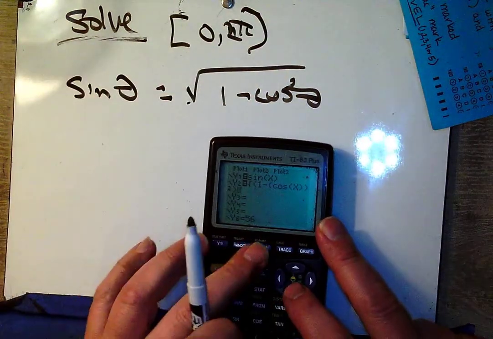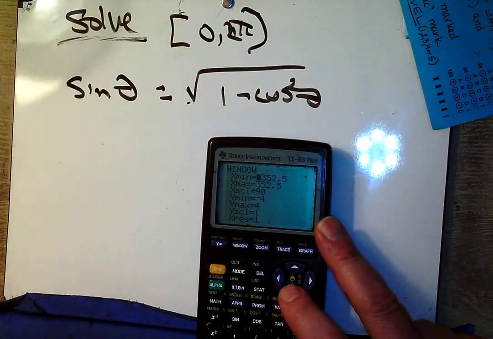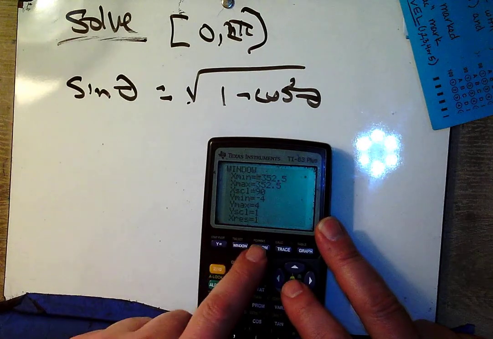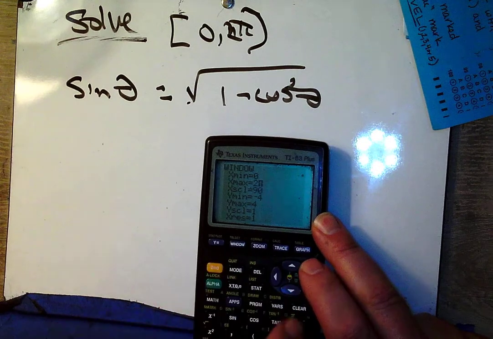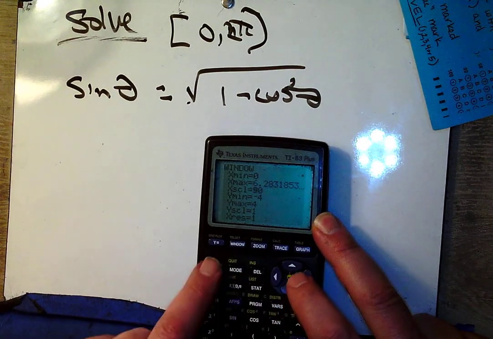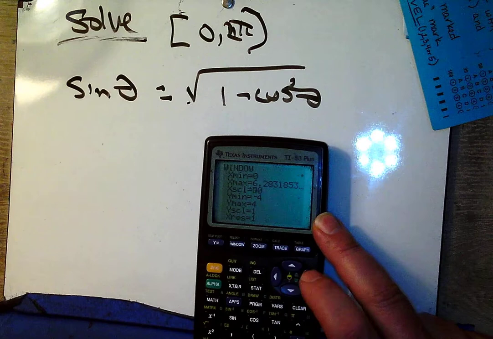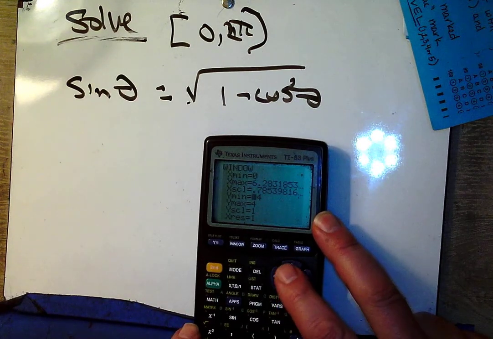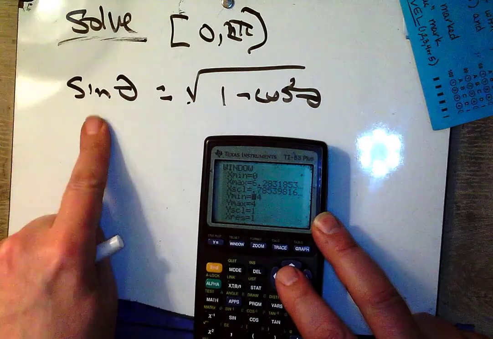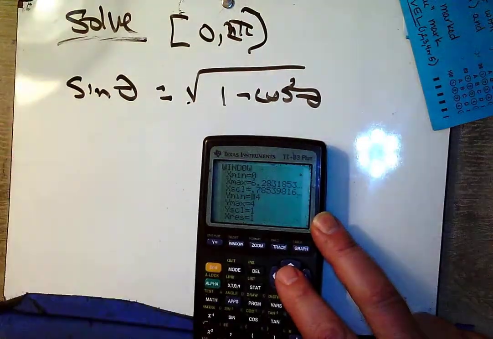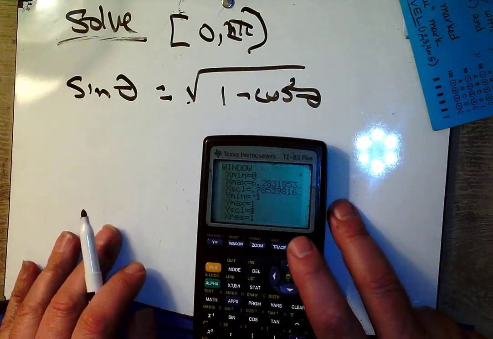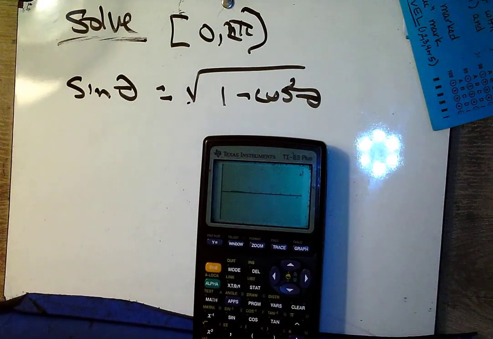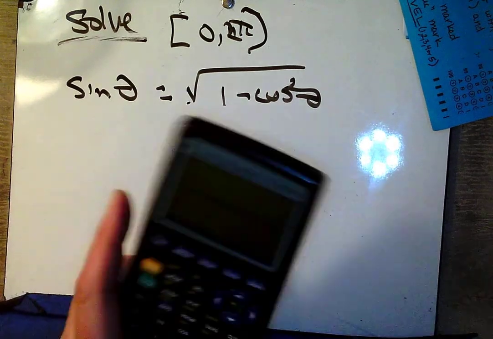So I'm going to change my viewing window, from 0 to 2 pi in steps of pi over 4. My y values, well, I know that sine goes from -1 to +1, so I'm going to run with that. Okay, graph.